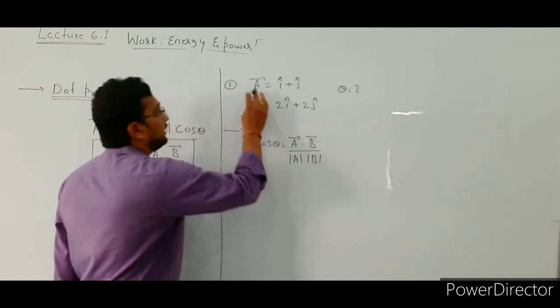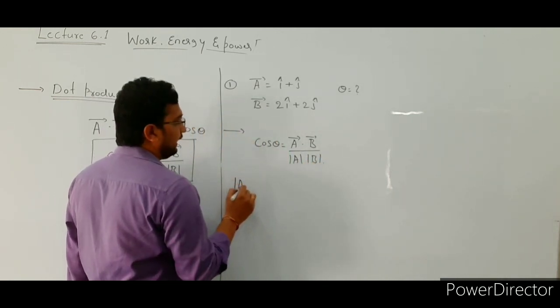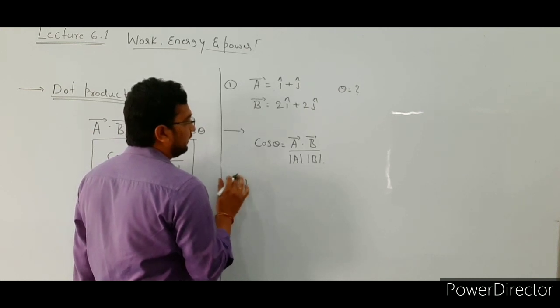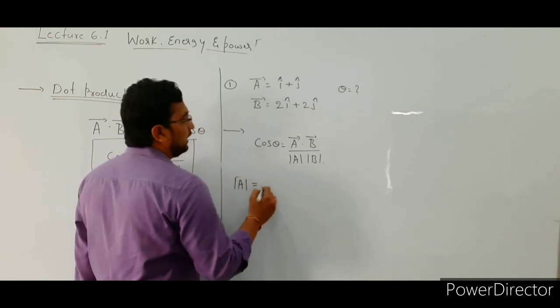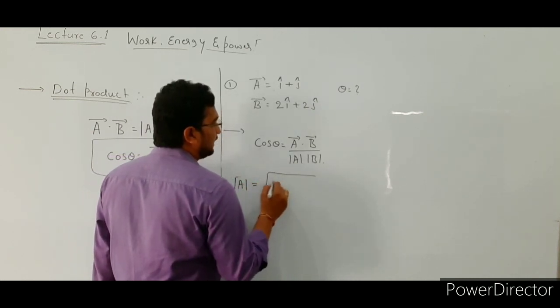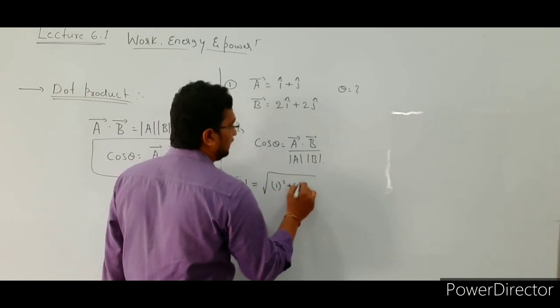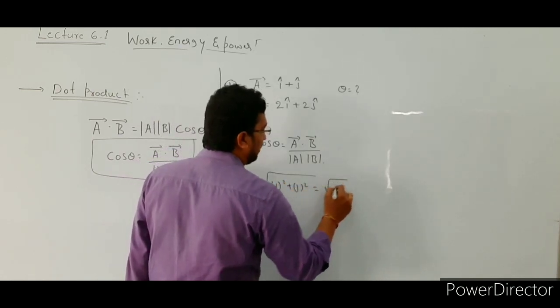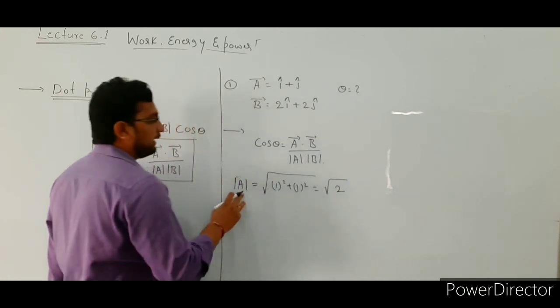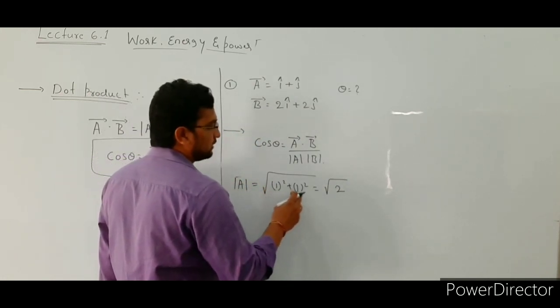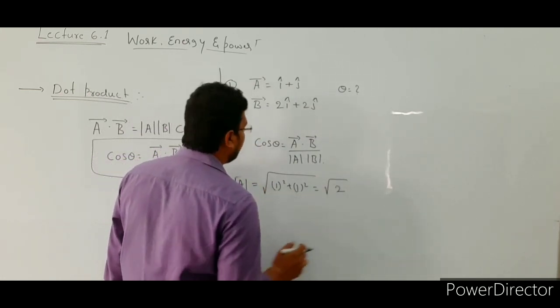Okay, see here, first we are going to find out the magnitude of a vector. This is equal to under root of 1 square plus 1 square, which is equal to under root of 2.